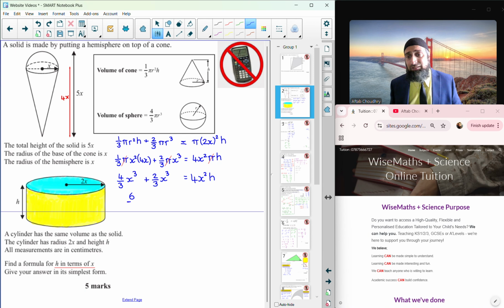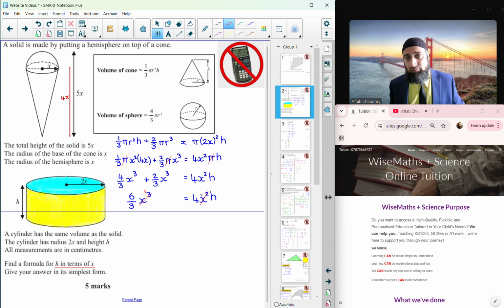That will give us 6/3 x cubed is equal to 4x squared multiplied by h. Now we can see we've got a common term of x squared on both sides, so let's cancel that down. This will disappear, and you get 1 over here, so it will be x to the power of 1. Let me write that down in red, to give it a bit more emphasis.